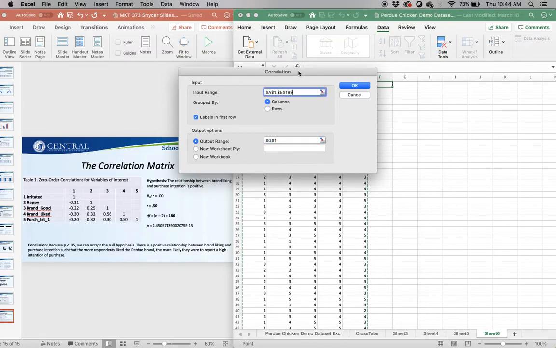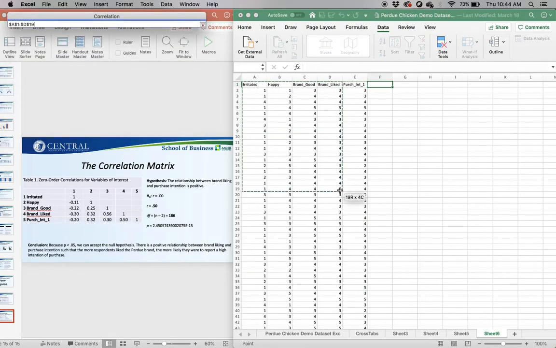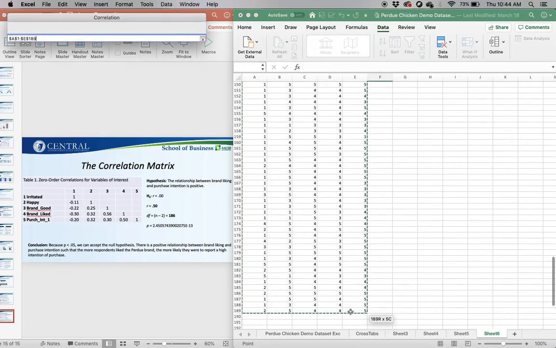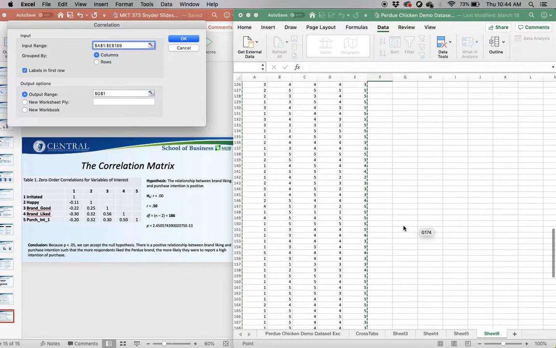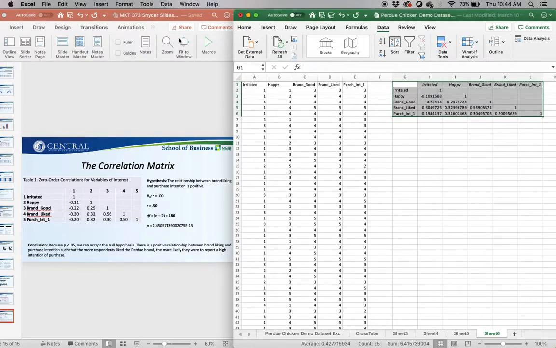That's the data that's going to go into the analysis itself. So we highlight all of the data for our 5 variables. And then we have to tell Excel where to place the matrix once it's done. We'll put ours in cell G1 and hit OK. And so there you have it.